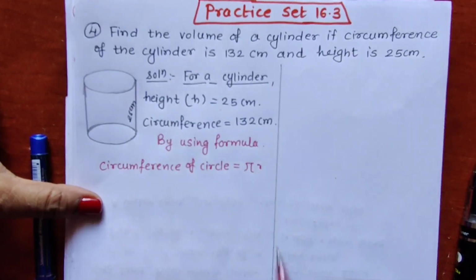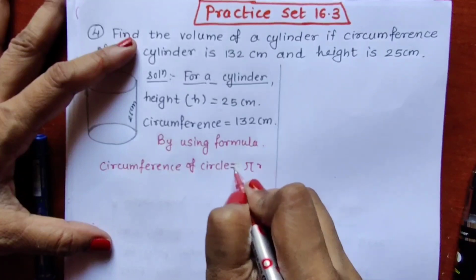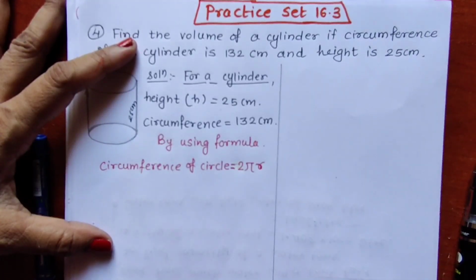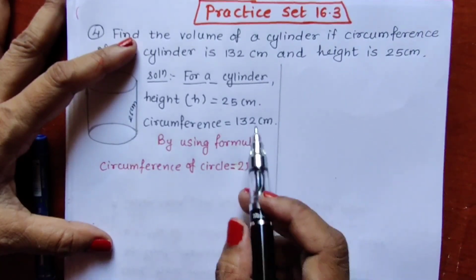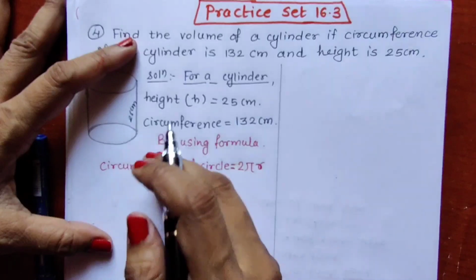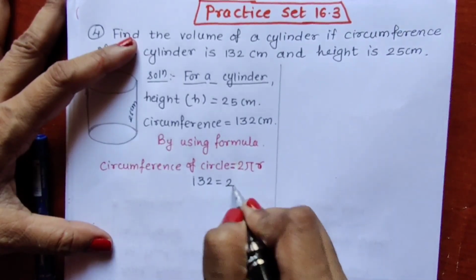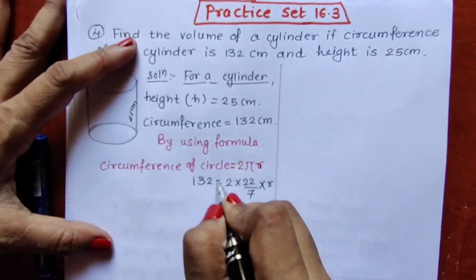I will be writing 2 pi here. This formula we have studied last year in 7th standard. So circumference of circle is equal to 2 pi r. Circumference is given 132. So below circumference I will be writing 132 is equal to 2 into pi value is 22/7 into r value we have to find out.